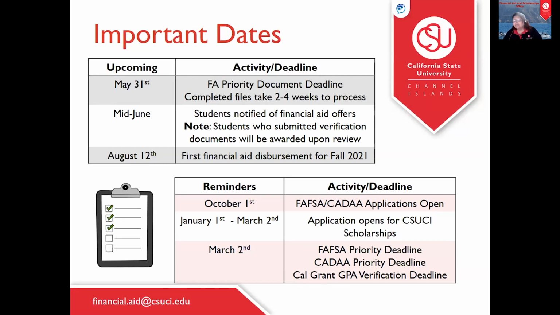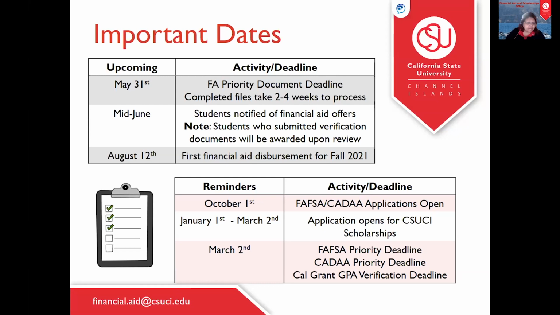In mid-June, students will be notified of their financial aid offers, meaning that your estimated awards will turn into official awards, and students who submitted verification documents will be awarded upon review. On August 12th, the first financial aid disbursement for fall 2021 will start, meaning that we'll start awarding and then we'll continuously award after that.